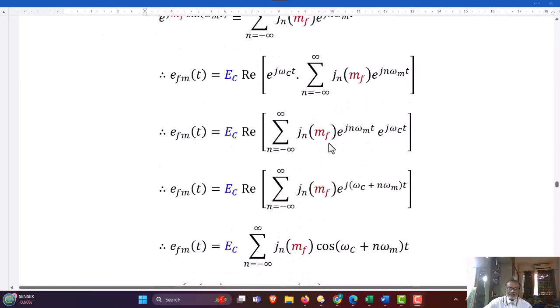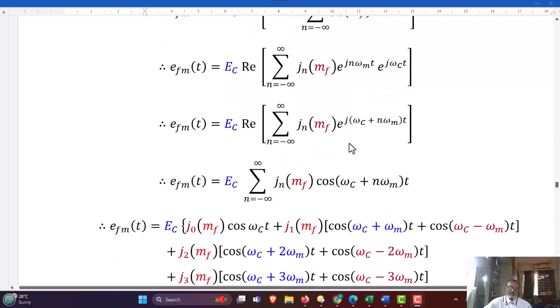Now simplify this. e^a into e^b is equal to e^(a+b). So therefore, we get e_FM(t) is equal to Ec, real part of the sum from n equal to minus infinity to plus infinity of the Bessel coefficient Jn(mf) e^(j(ωc + nωm)t).